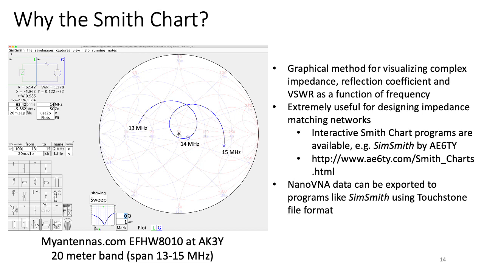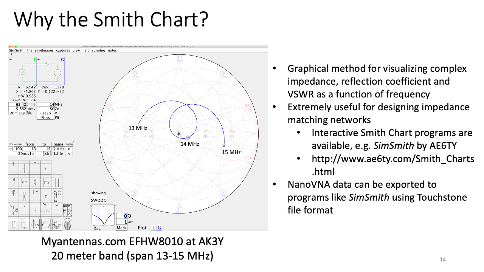So to reiterate, why do we want to use the Smith chart? The Smith chart, as we saw, is a very nice graphical method for visualizing the complex impedance, reflection coefficient, and voltage standing wave ratio of a linear system as a function of frequency. We'll find later that it's extremely useful for designing impedance matching networks.